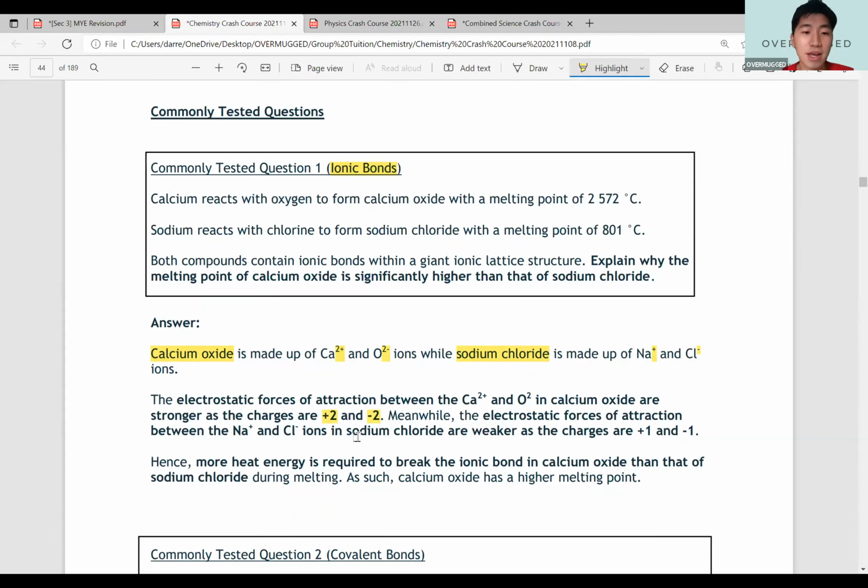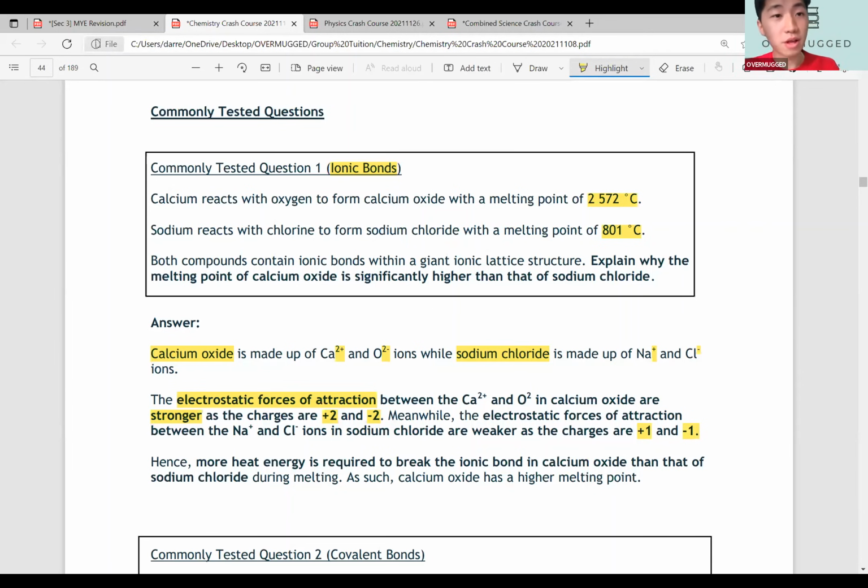Because with 2 plus and 2 minus, the electrostatic force of attraction will be stronger. So if you look at the melting and boiling point, you see calcium oxide is much higher than sodium chloride. This is because the ionic bond in calcium oxide is stronger, because it's plus 2 minus 2 versus plus 1 minus 1. So these are some of the questions that are commonly tested. You can find them at the back of the chapter in your curated notes too. I think this is one of those that I like to highlight.